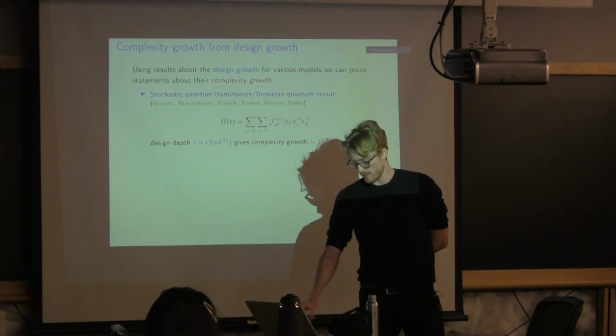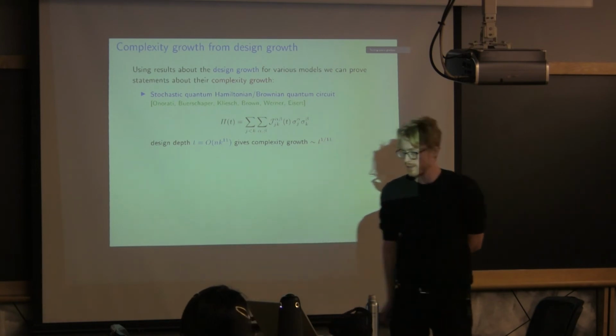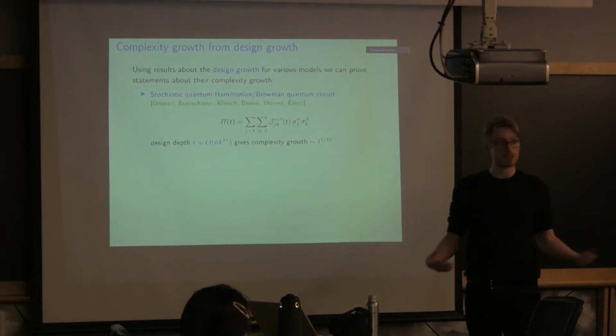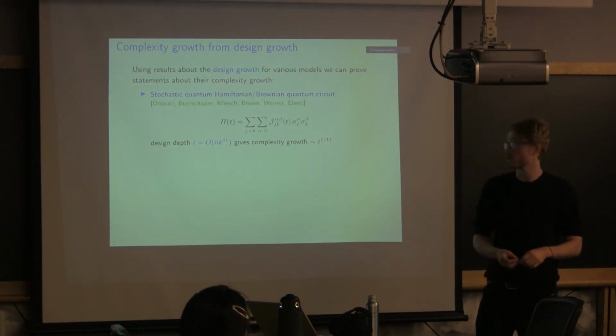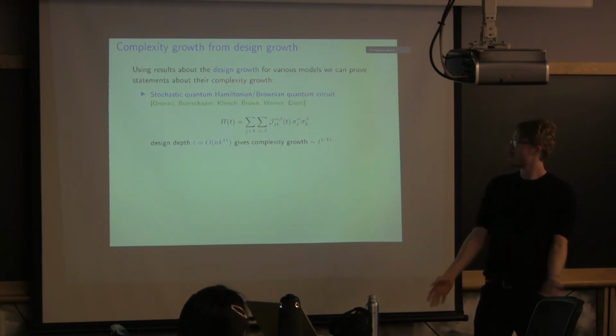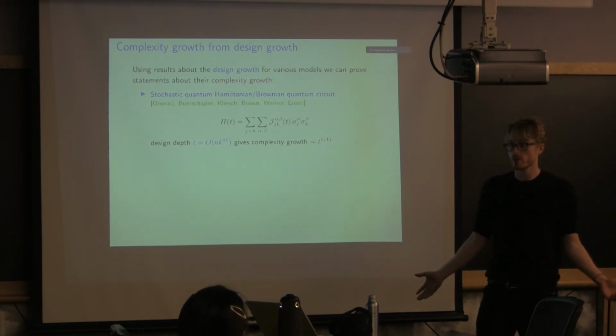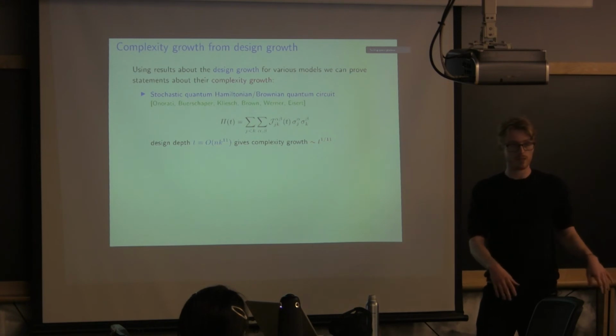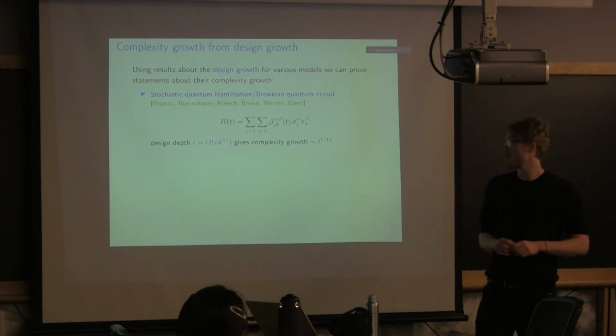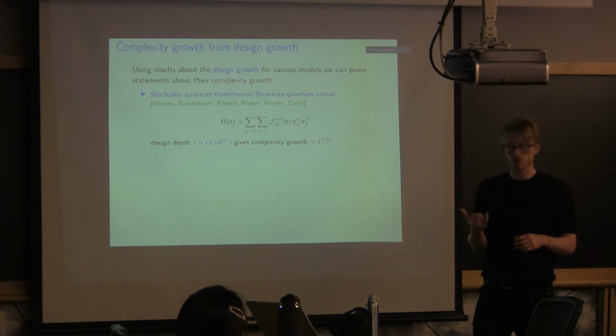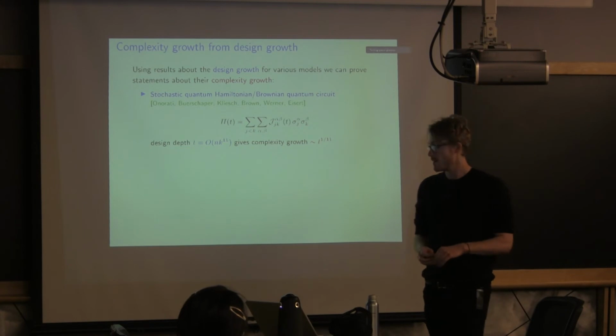Okay. I'll briefly mention that what I mean by general framework is that anytime you have some set of time evolutions which forms a design, you just throw this at this complexity result and then you prove complexity growth. It's known that these Brownian quantum circuits, which are local spin systems with disordered time-dependent couplings, form designs.